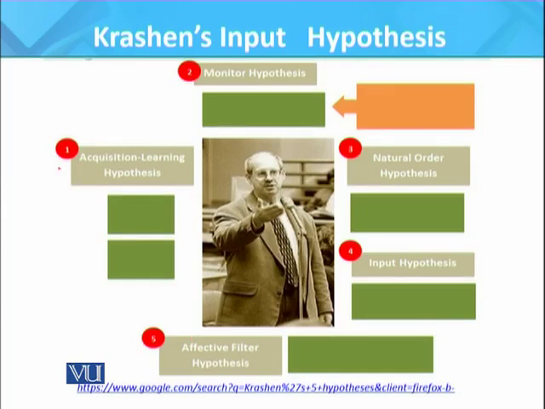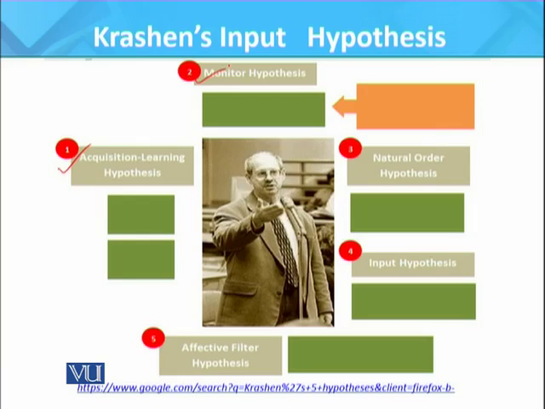The first one is called acquisition learning hypothesis. According to this hypothesis, acquisition is seen as subconscious learning, which was facilitated by Chomsky when he proposed universal grammar or a theory of LAD, that this is subconscious learning, the acquiring of information, and there is a presence of language acquisition device.